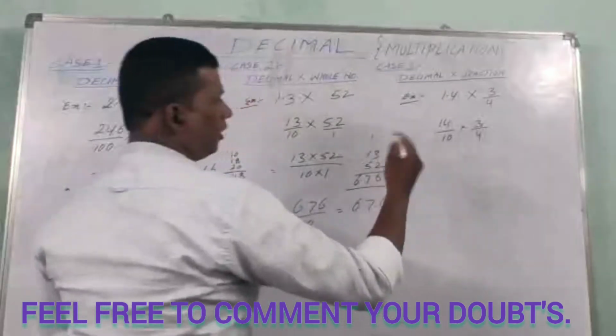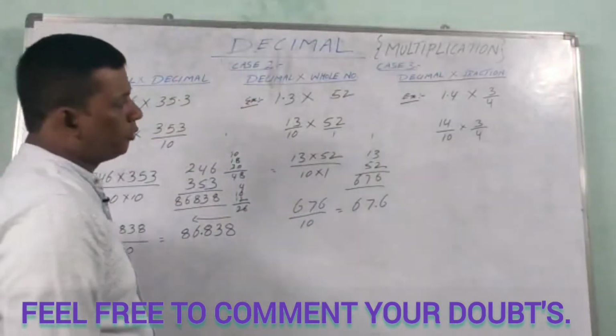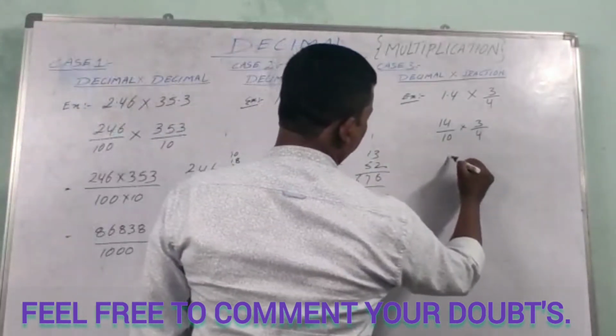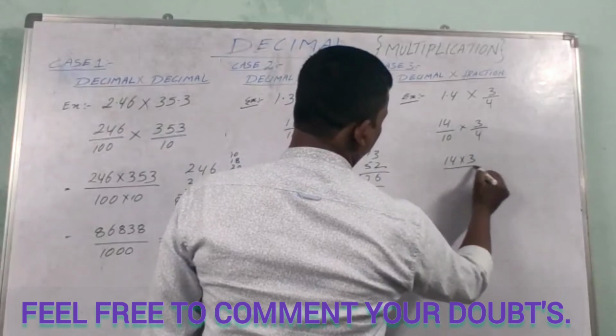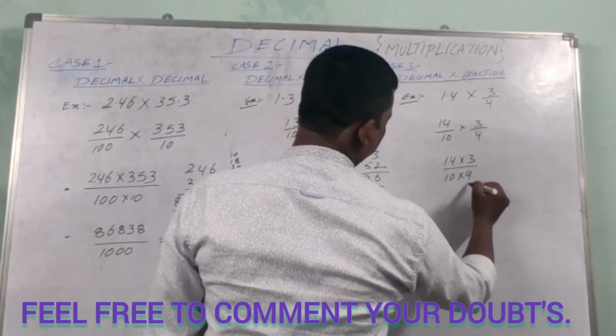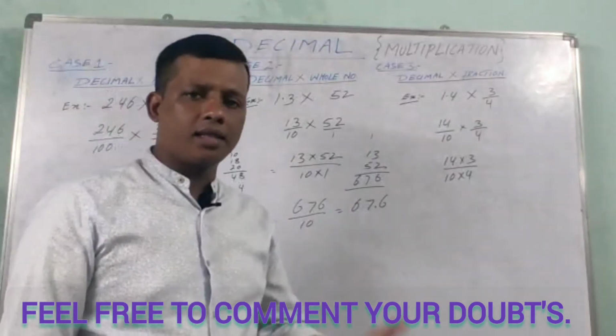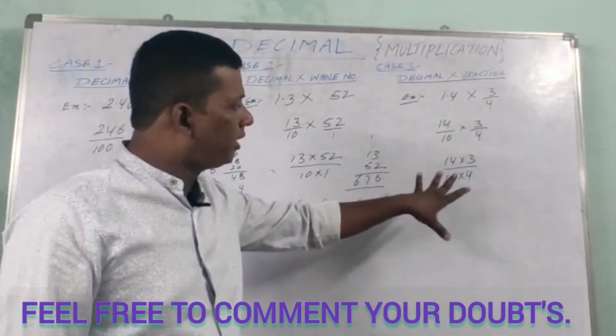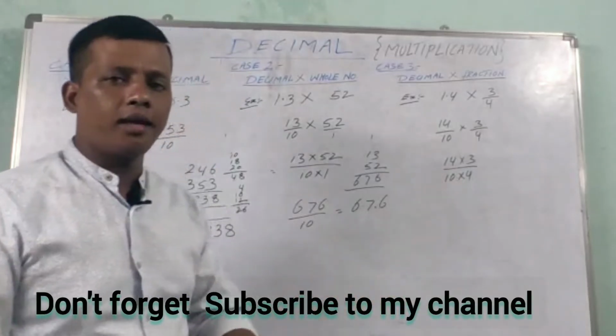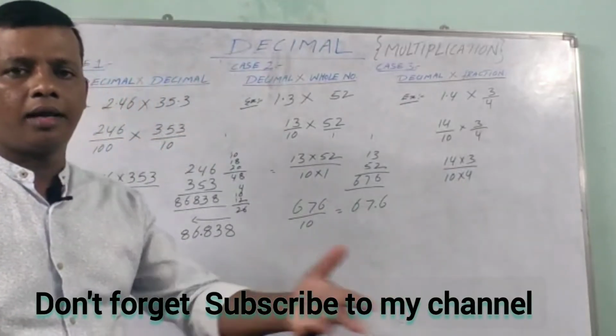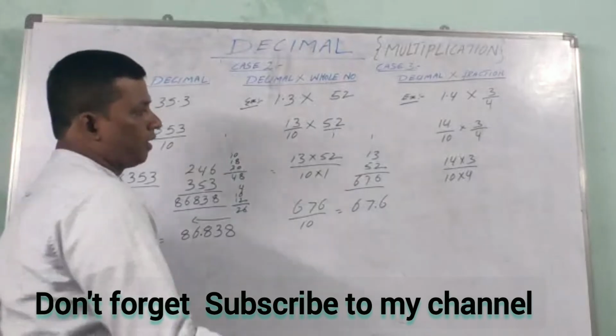Now multiply numerator and numerator, denominator and denominator: 14 into 3 by 10 into 4. Before multiplying, write numerator and denominator together and see if cancellation is possible. Then cancel it, reduce the numbers and proceed with the final step.